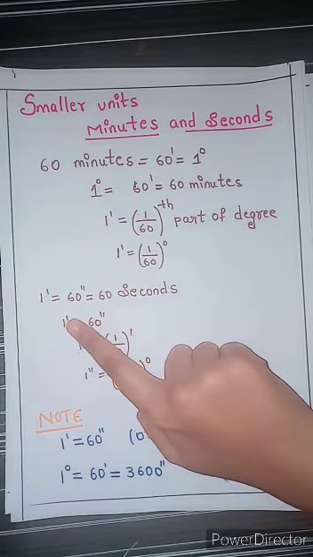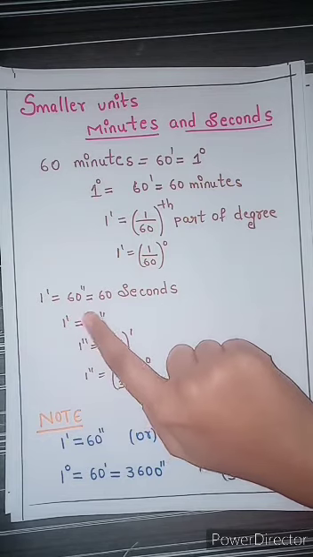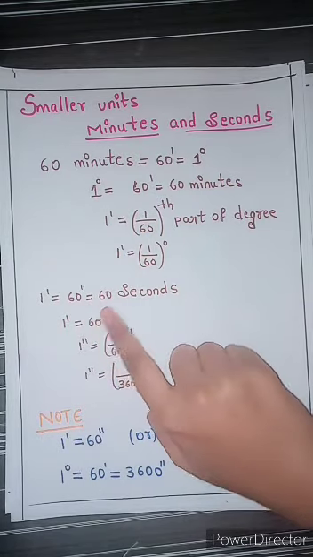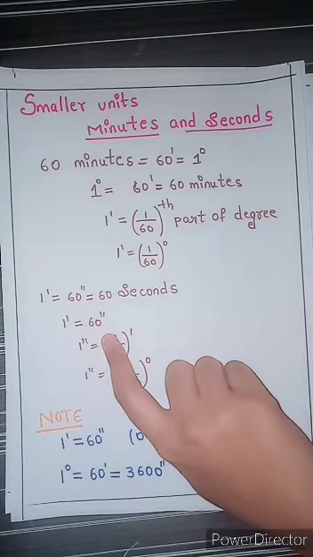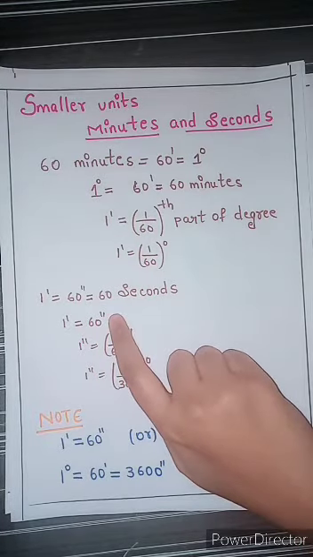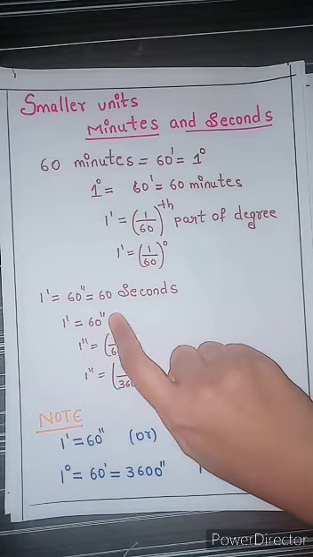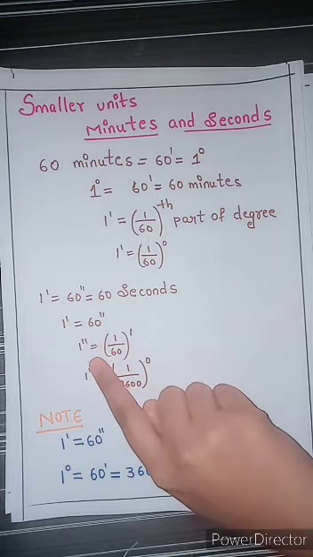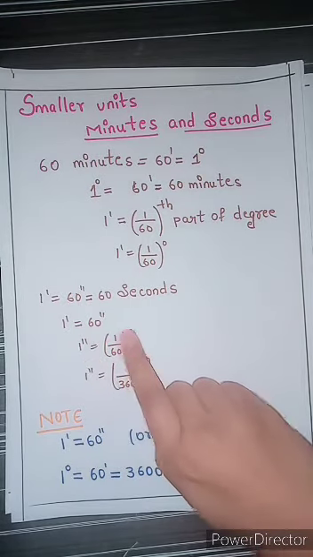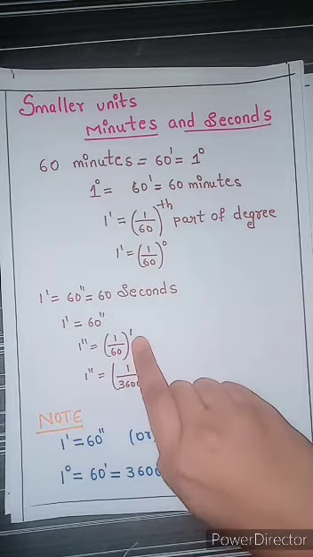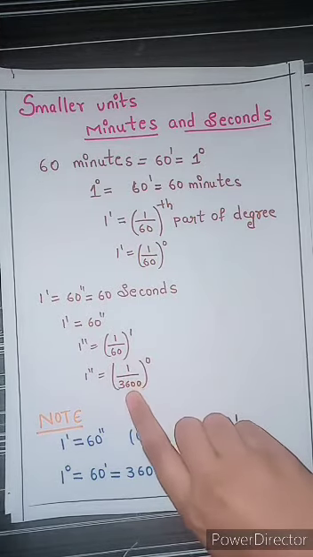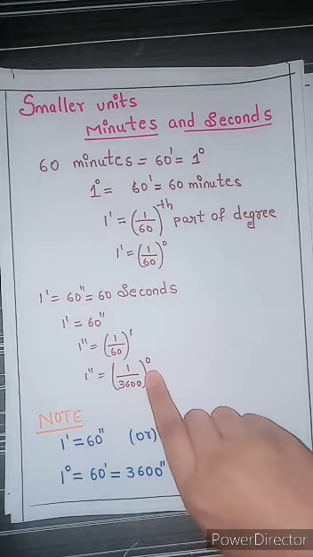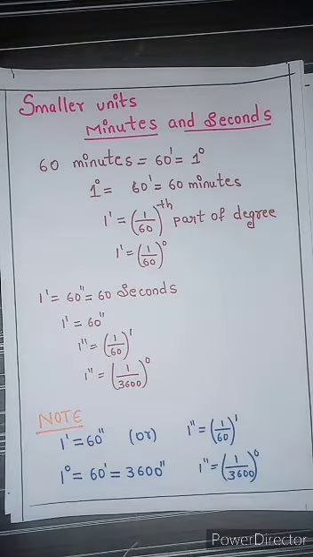Now this small part 1 minute is to be further divided into 60 small parts called seconds. So 1 minute is equal to 60 seconds. Here seconds are denoted by 2 small dashes upon it. Now 1 second is equal to 1 by 60 minute, and 1 second is equal to 1 by 3600 degree.